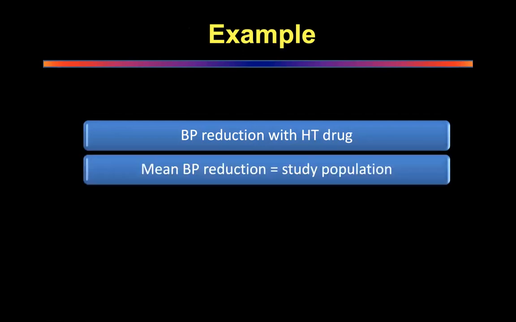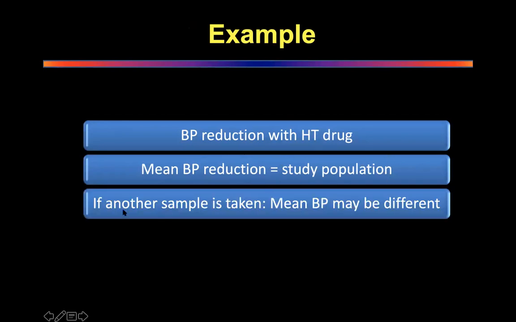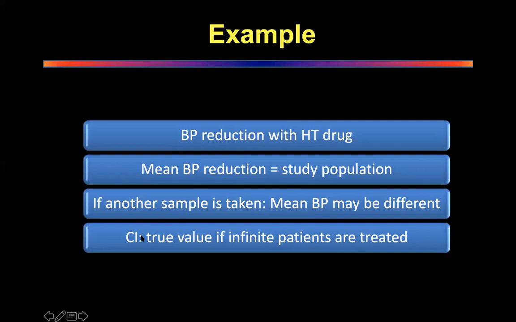The mean blood pressure reduction we got for the study. If we took another sample, the mean may be different, right? Because other factors may change things. You agree or no? So the confidence interval actually represents the true value if infinite patients are treated.